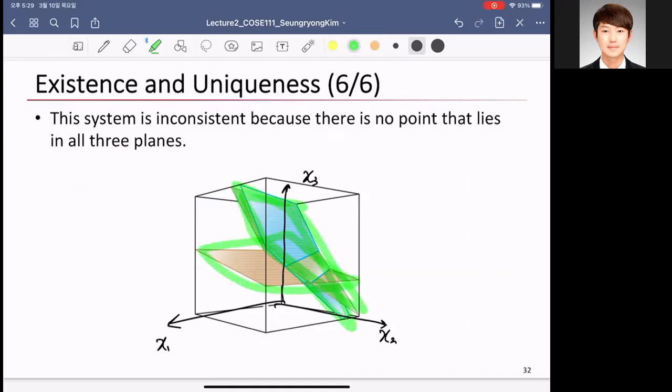When we draw these kinds of three planes, there is no intersection. So in this case, no solution, and inconsistent. Right? That's it.